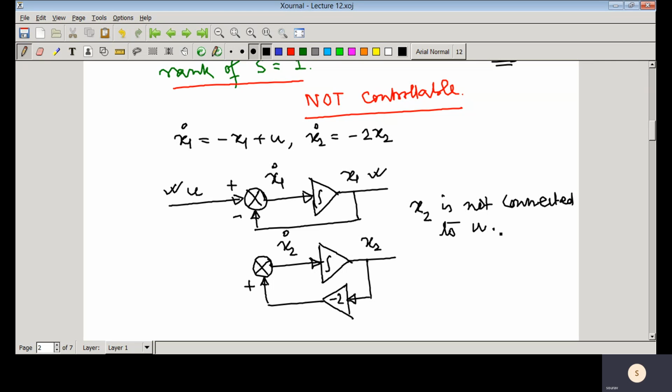That means if you were interested to drive this x2 from any point to other points, there is no control input because u is not connected to this x2. So from this state diagram, it is clear that this realization is not controllable. I hope now it is clear.